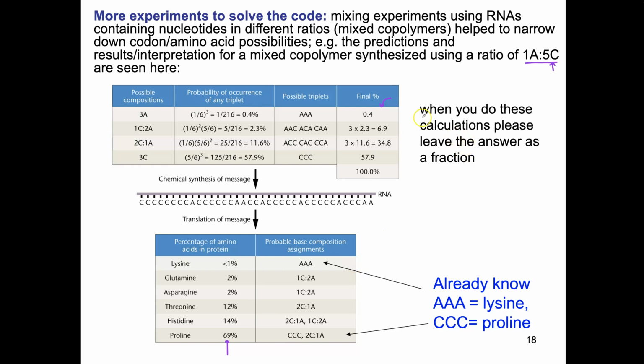But when you're doing the calculations, it's just easier to grade if you leave them as these fractions, okay? Hopefully you should go through this. It'll be in your notes, and you can see where these calculations come from, and see how you can infer again from this what kind of base composition leads to the different amino acids.